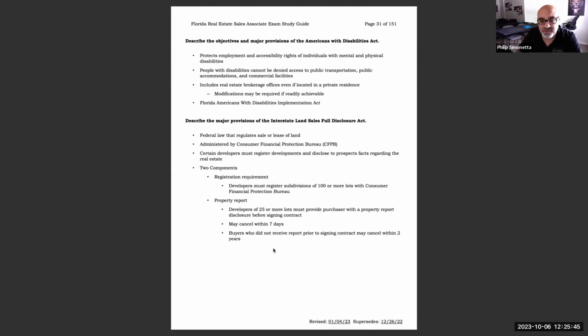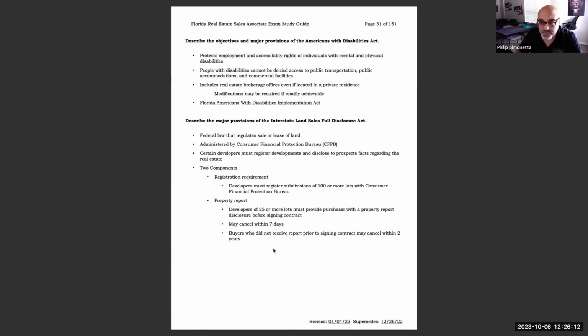Next, describe the major provisions of the Interstate Land Sale Full Disclosure Act. This is a federal law that regulates the sale or lease of land. It's administered by the CFPB, the Consumer Financial Protection Bureau. Certain developers must register developments and disclose to prospects facts regarding the real estate. There are two components: a registration requirement and a property report.